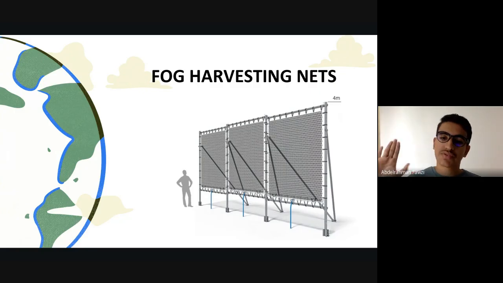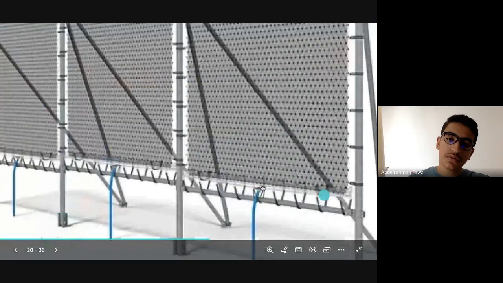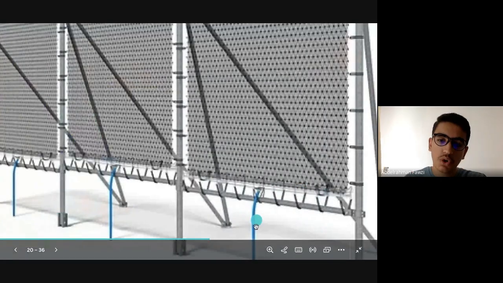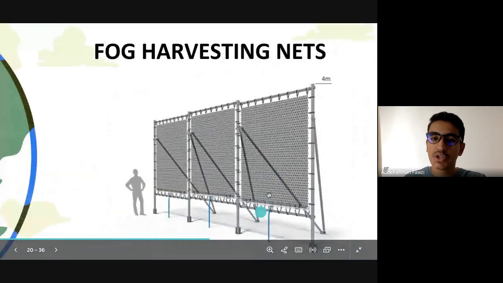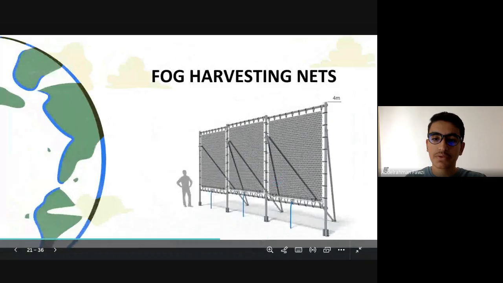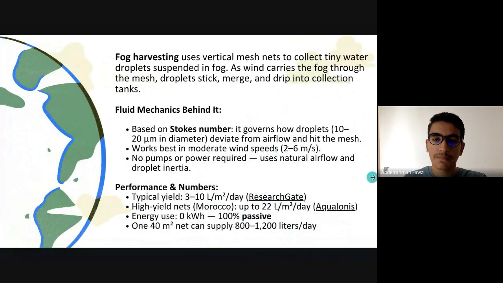So the fog moves, and the fog carries the water particles, and the water particles will be stuck in these nets, and then they will precipitate down along this section, and then they will go along some tubes to the water tanks. It is very effective because it can give you a huge amount of water.